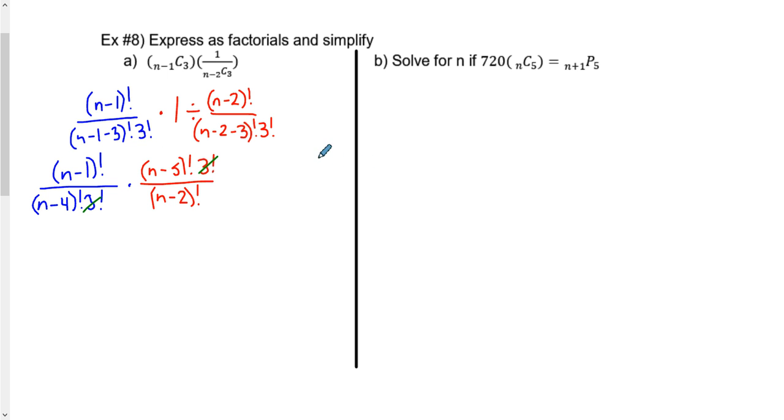And the more that we continue, just so you know, I won't really give you anything that's going to go more than 3. So just be cautious of that. An n subtract 5 factorial, if it's not going to cancel off with something that's already here, well, this one's probably going to be safe to leave alone. So we're going to have an n subtract 5 factorial left right there.